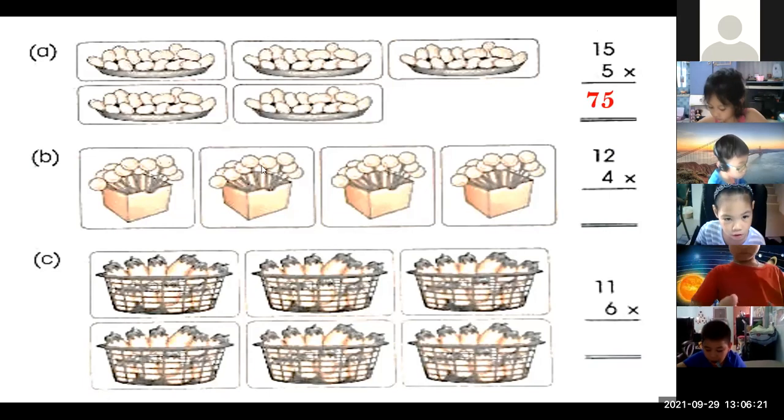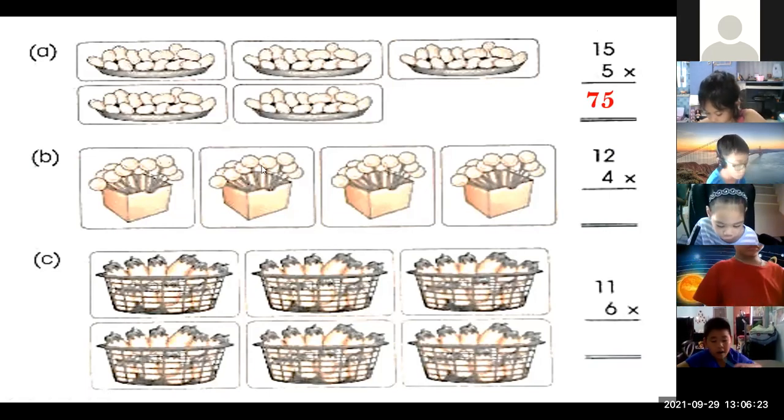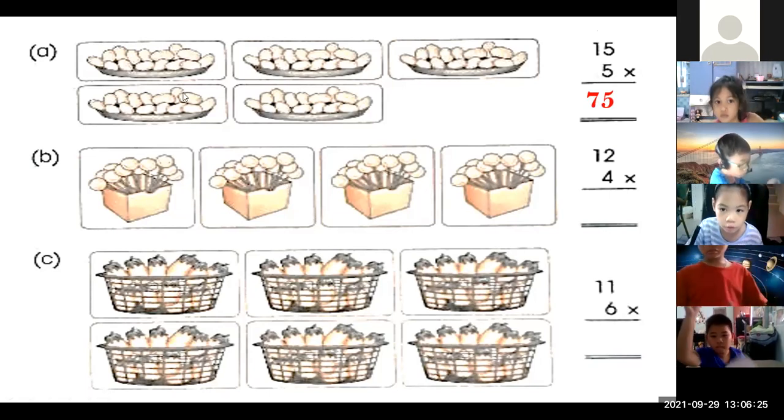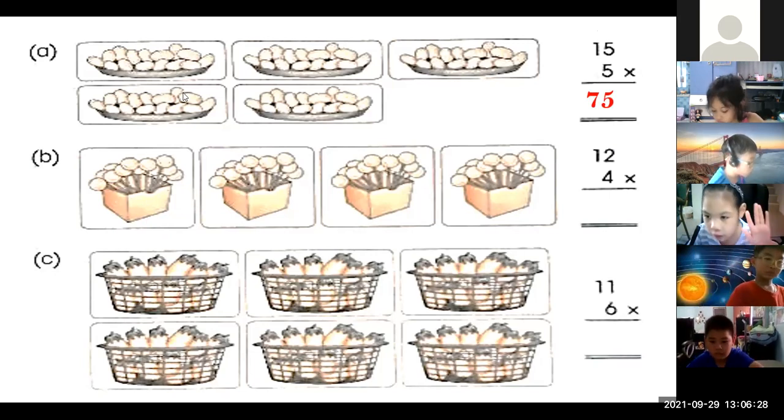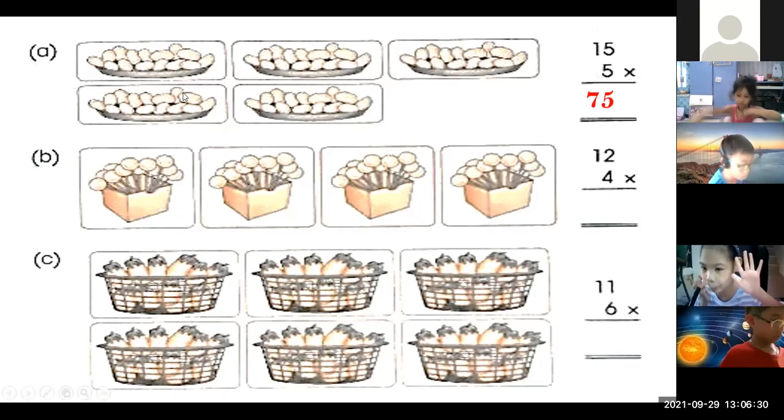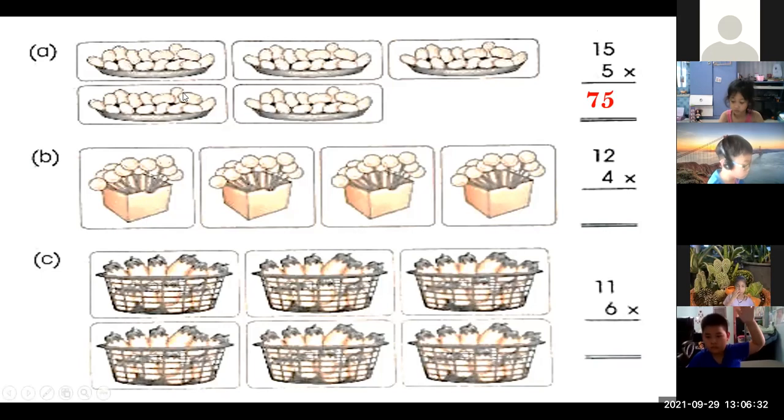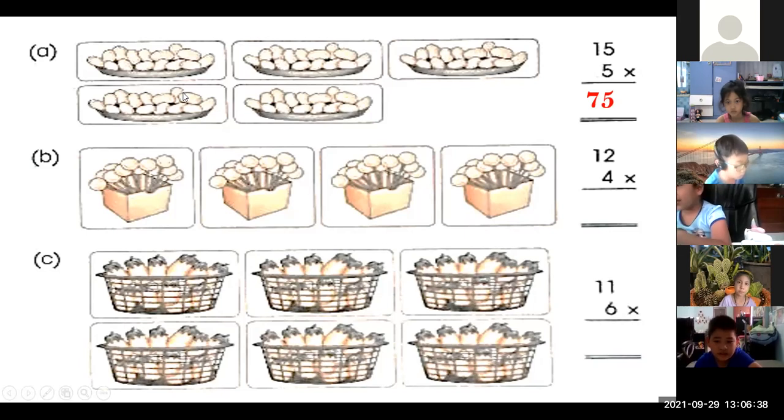Here, letter B. Who can answer letter B? Raise your hand. What is your answer in letter B? If you know the answer, tell me your answers. 48. Okay, 48.